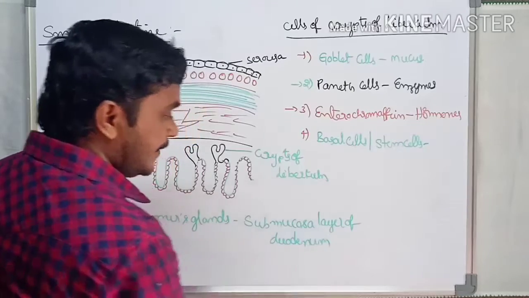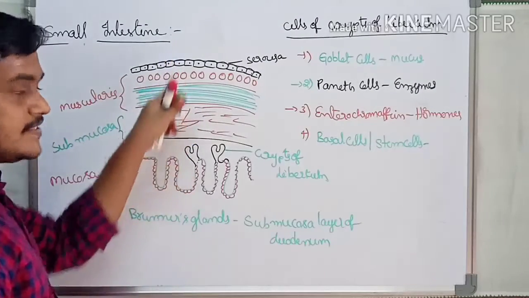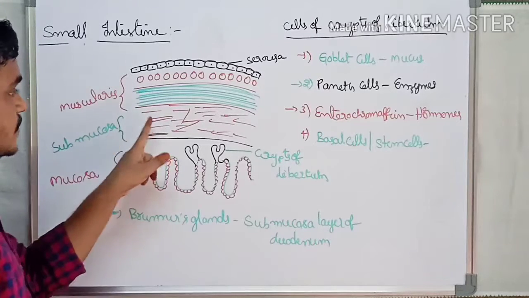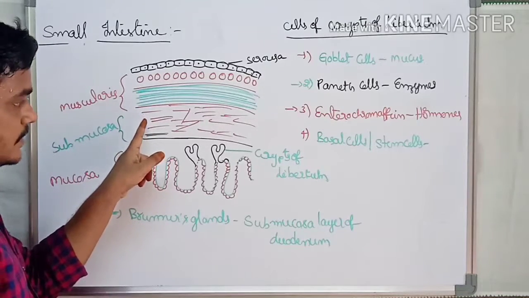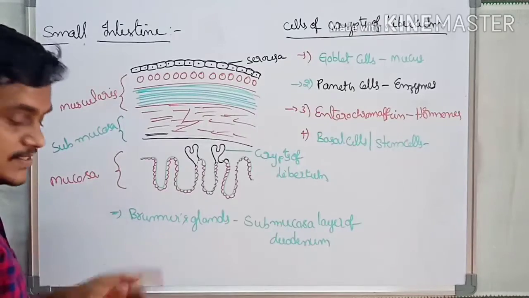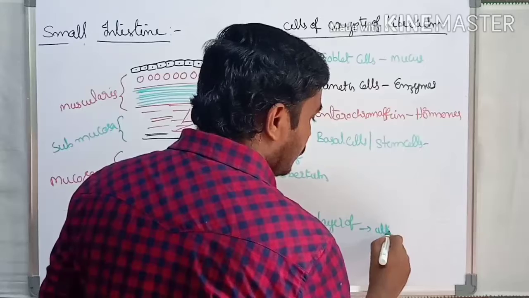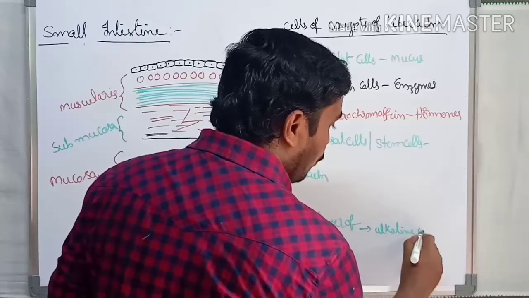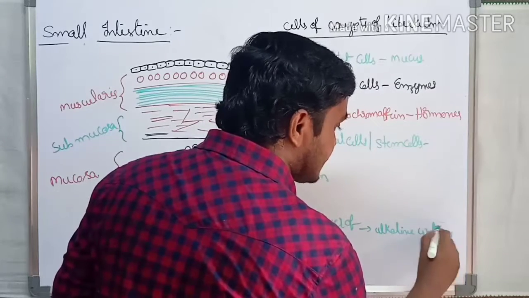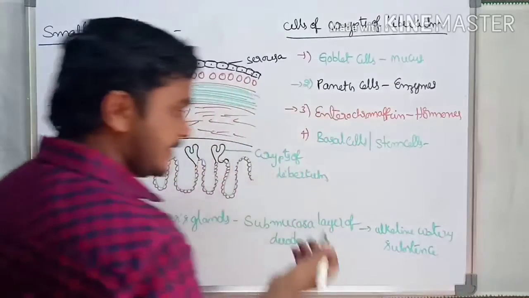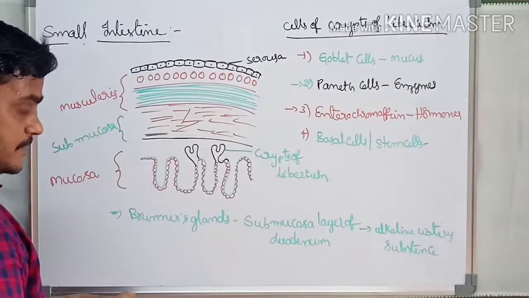Suppose you take the duodenum, these layers are related to it. This is the submucosal layer. This submucosal layer consists of Brunner's glands, which secrete an alkaline watery substance.